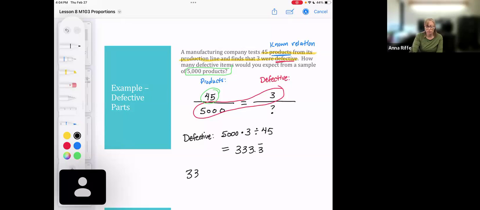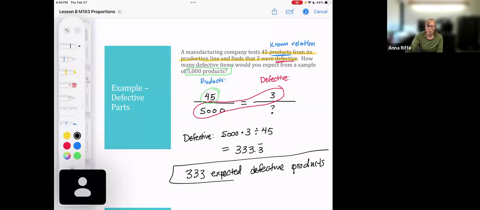So probably 333 expected defective products, because we can't really have a third of a product. Sometimes it just makes sense to round to the nearest whole number. It just depends on the context.